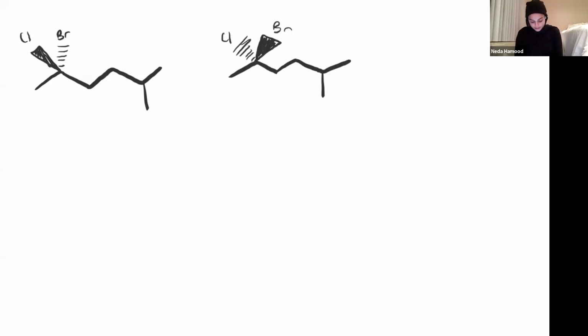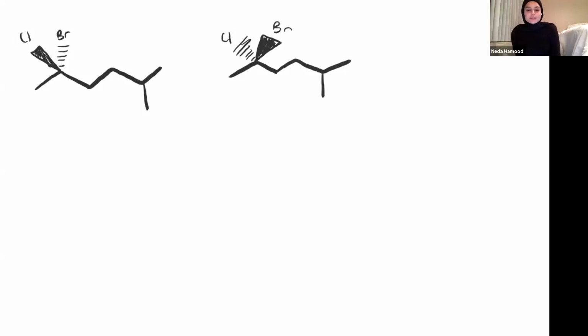And over here we have a Cl. So what are these? Enantiomers, yeah. Okay, wait a minute, I actually put in the wrong molecule. So I guess we can calculate if they're going to be enantiomers or not.